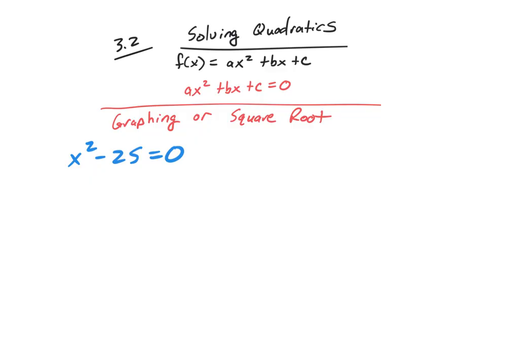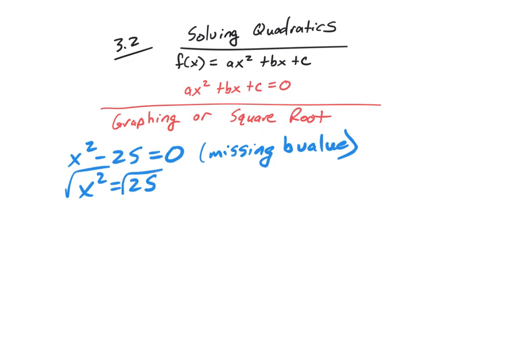If I were to use the square root method, the thing that you'll notice here is there is no b value. This is considered my a value, which would be 1. This is my c value, but it's missing the x in the middle. So not all of these quadratics are going to have all 3 parts, a, b, and c. If it has all 3 parts, then we can use that to identify the a, b, and c. But if it's missing the b value, then I can do what we call the square root method, where I'm going to add 25 to both sides, and I'm going to take the square root.